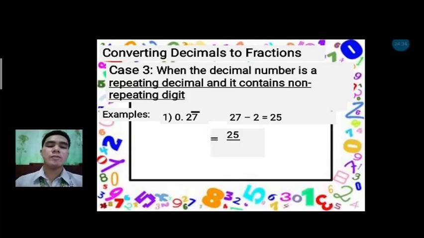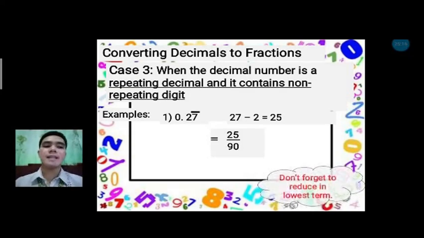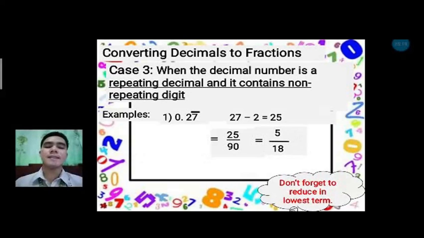Since we only have one non-repeating digit, we also have one 0 in the denominator. So you will write 0 after 9. Therefore, our denominator is 90. So 25 over 90. Don't forget to reduce it to lowest terms. The common factor is 5. We are able to divide 25 by 5 and 90 by 5. So 25 divided by 5 is 5 and 90 divided by 5 is 18.